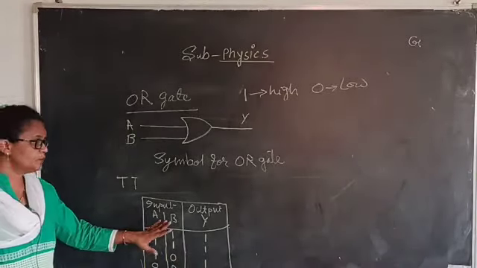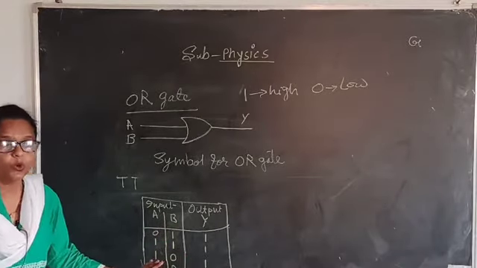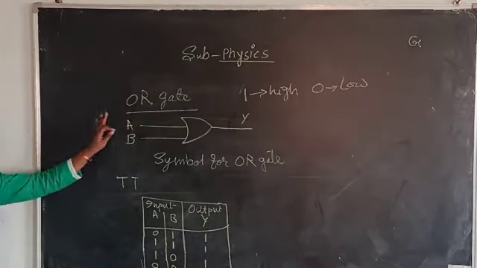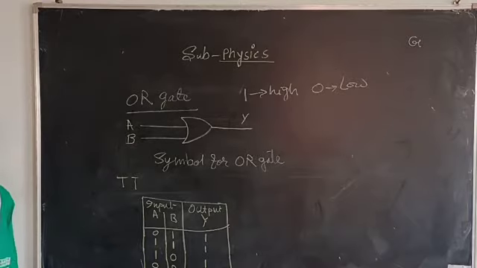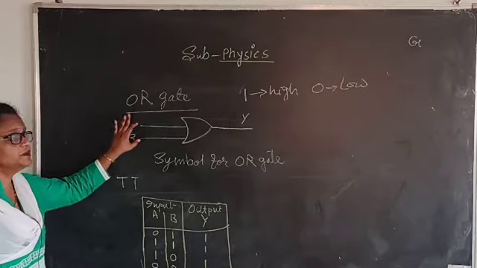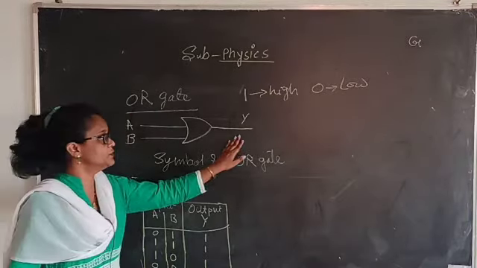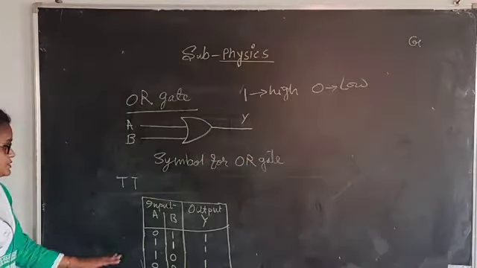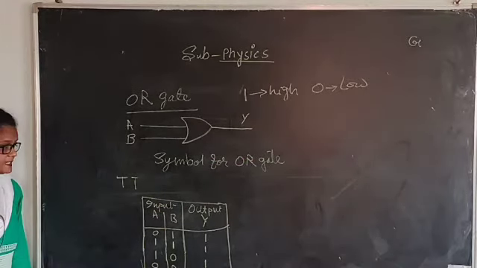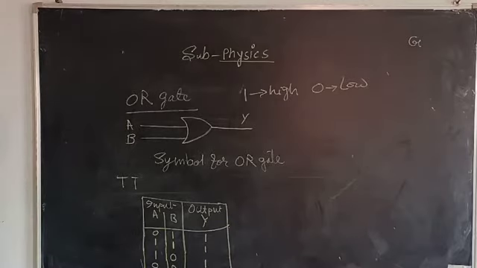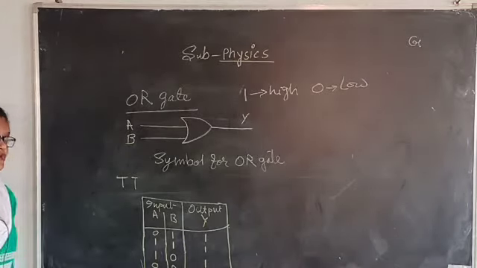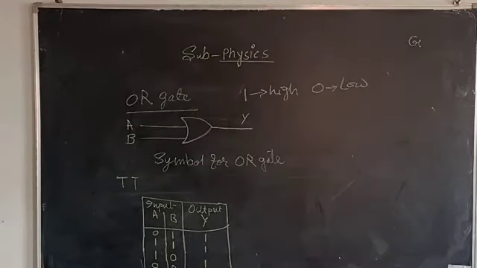The output of the OR gate is low only when both the inputs are low, meaning both inputs are 0. So we can conclude that the output of the OR gate is high if any one of the inputs is high, and the output is low when both the inputs are low.